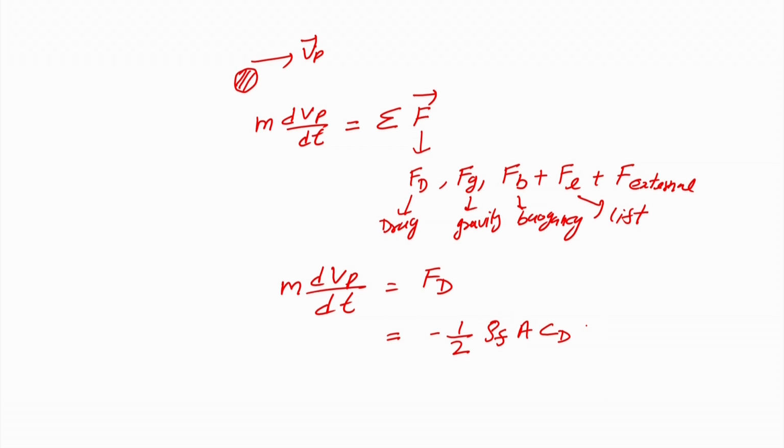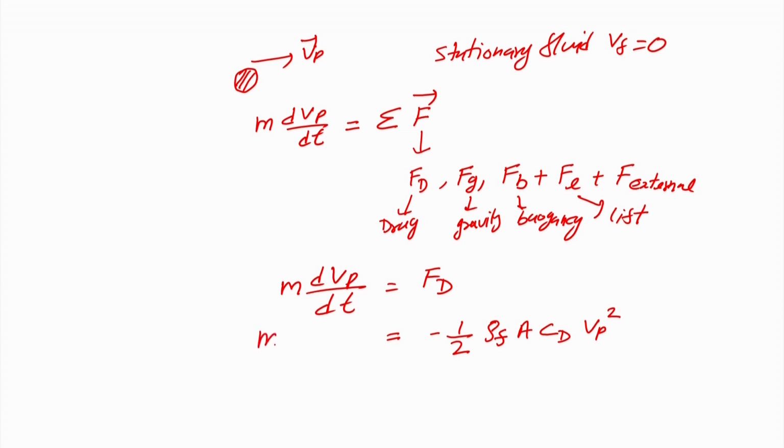Because the gas velocity is 0, we are assuming that gas is stationary, the particle is moving in a stationary fluid. So, V f is equal to 0, and I can write it as V p square directly. If V f is not 0, then you have to write (V p minus V f) square. So, this will be the way we can solve it.